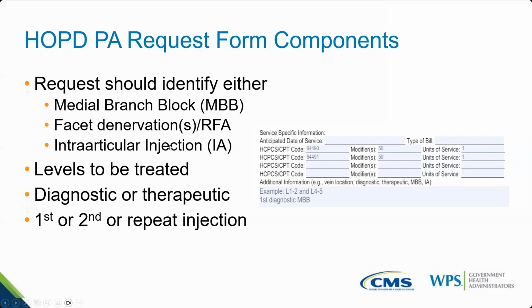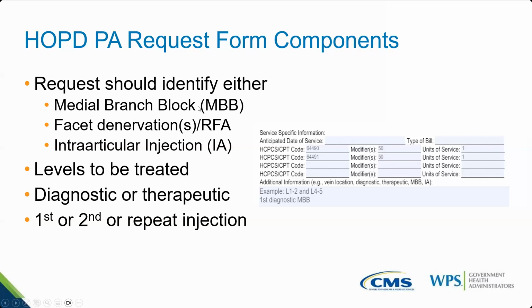Some of the information and the key points of things that we need when you are filling out this request is not only the CPT codes that you are planning on providing, as well as any modifiers and units of service, but we need to know which or what service you are providing.